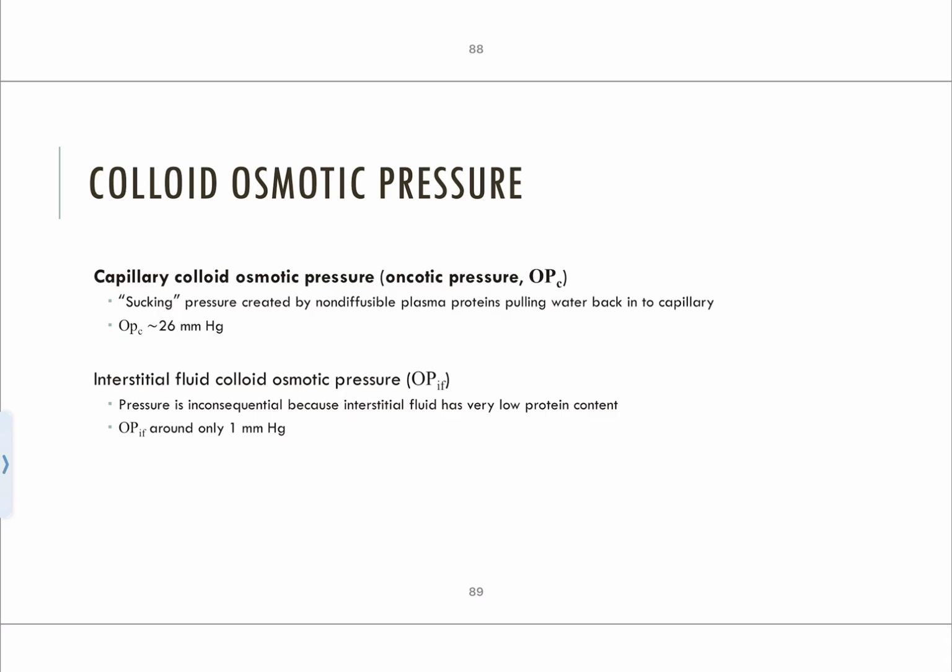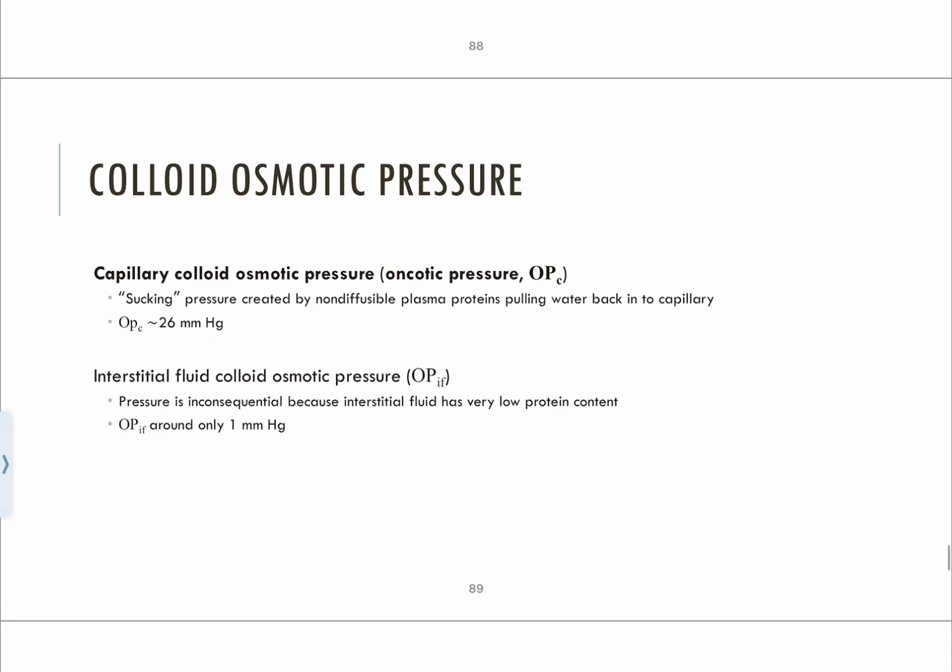So we have to account for the proteins that are present in the interstitial fluid as well as the capillary itself. However, there's not a whole lot of proteins in our interstitial fluid, so we don't have a lot of pull of water from proteins in the interstitial fluid back out of the capillary. It's predominantly going to be an osmotic pressure for a pull into the capillary because that's where the high concentration of proteins are going to be.